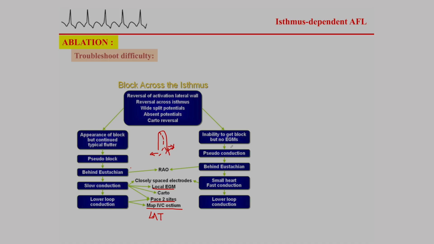So check the position. Also, here it's really important, and we have a short spike interval in the double potential. So here we can use, as you see, the extra isthmus atrial time.